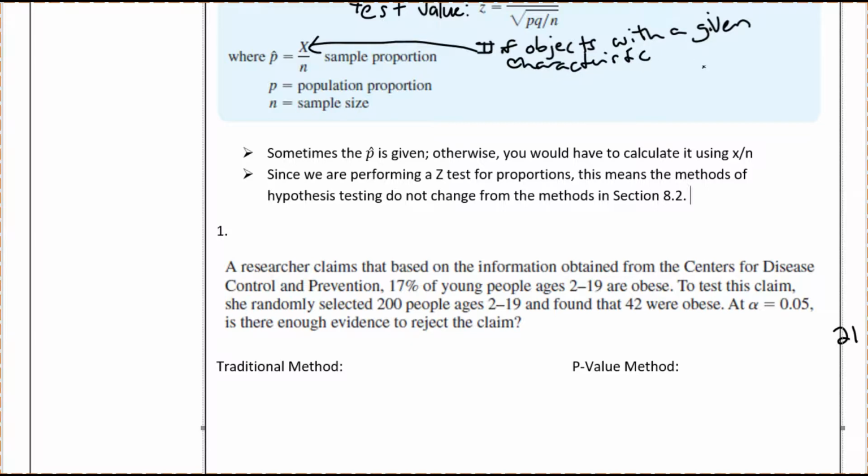So for example, if you're looking at the characteristic of smoking, then the number of people that smoke would belong in the numerator, divided by the total number of people, because n, if you recall, is the total number of objects or people.